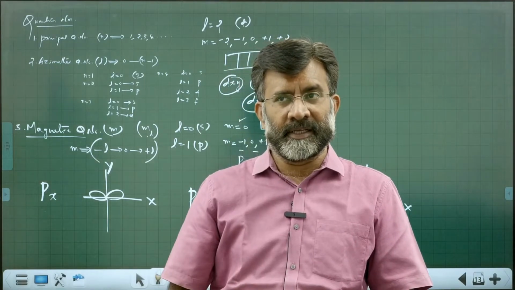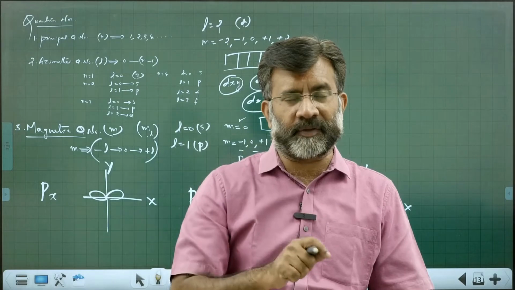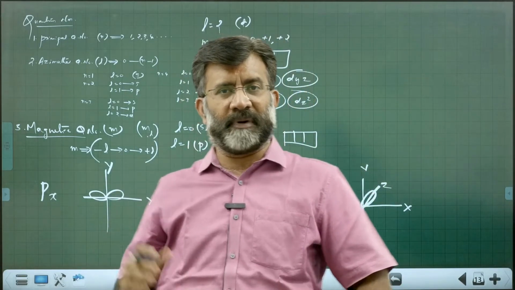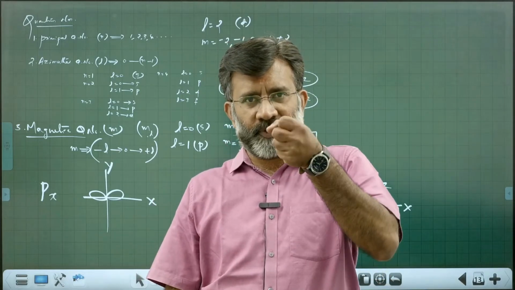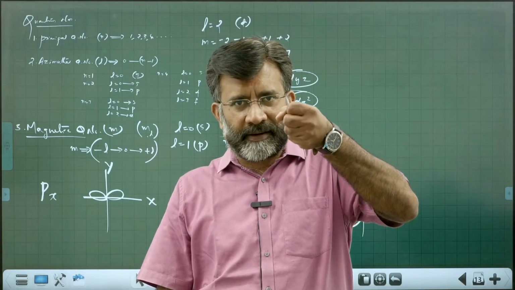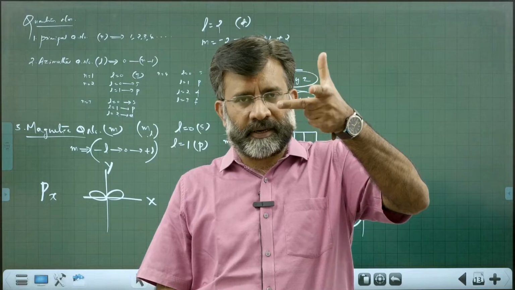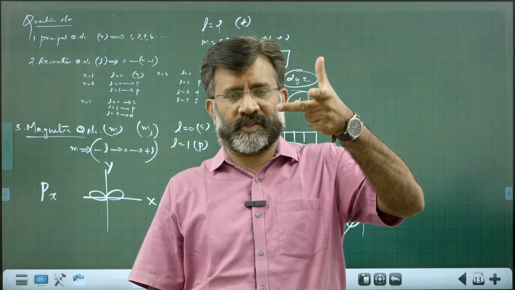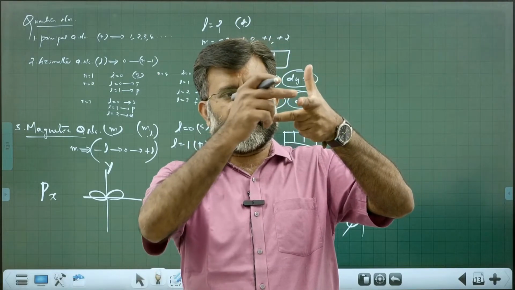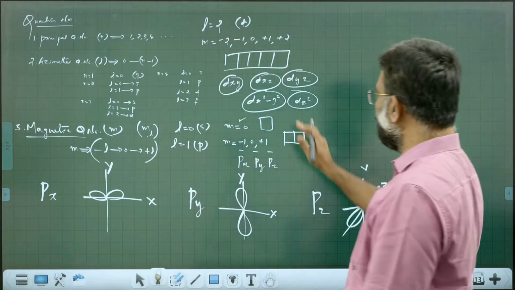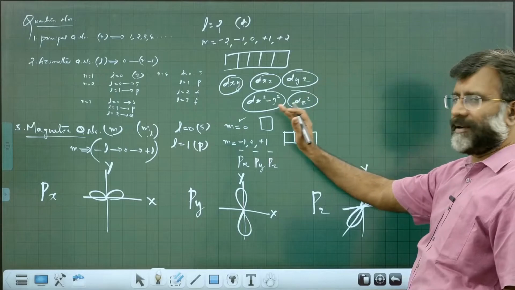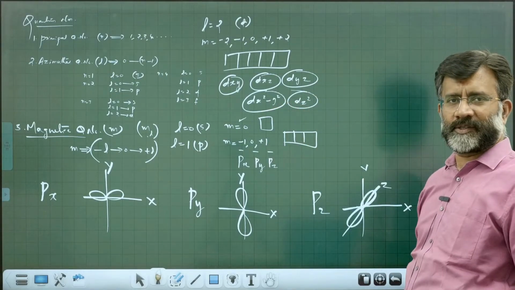Stark effect: splitting of spectral lines in an electric field. These fine splittings are explained by orientation. The P orbitals are degenerate, and in the presence of a magnetic field their degeneracy is lost and they show the orientation Px, Py, Pz. Similarly, dxy, dyz, dxz, dx square minus y square, dz square.